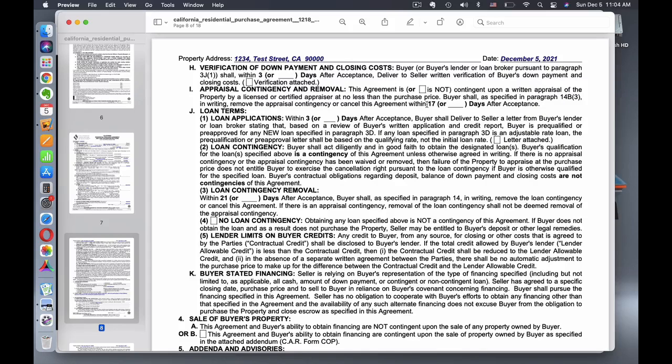You still need to fill out a form to waive the appraisal contingency. You can also check that it's not contingent, but the risk here is that, let's say the house appraises for $475,000 and your purchase price is $500,000, you would need to bring in the extra $25,000 difference because you wouldn't have an appraisal contingency. And this is something we will discuss at length in putting together your offer.